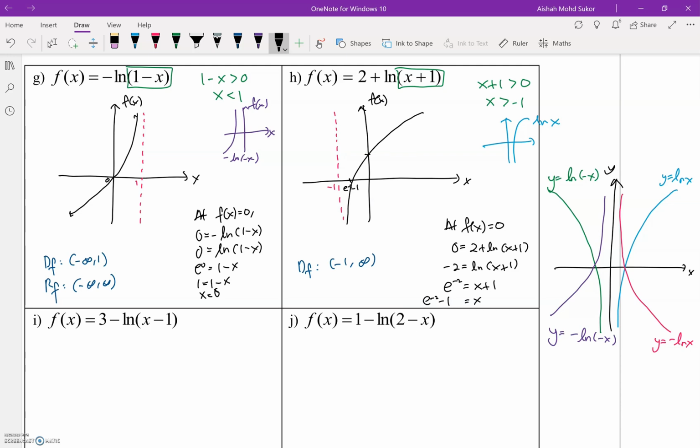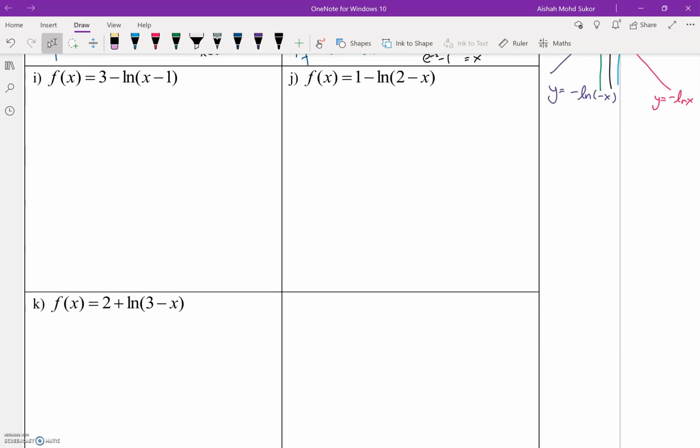To get the y value, at x equal to 0, f(x) will be equal to 2 plus ln(0 plus 1), 2 plus ln 1, 2 plus 0 equal to 2. So this is equal to 2. So our range will be negative infinity to infinity.